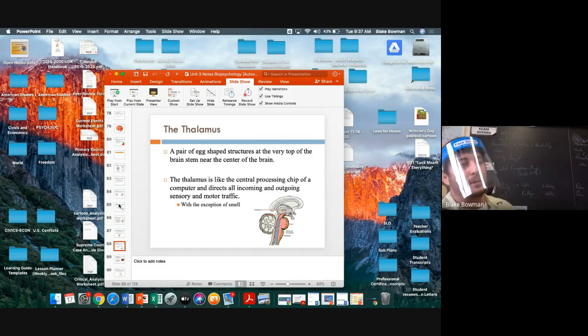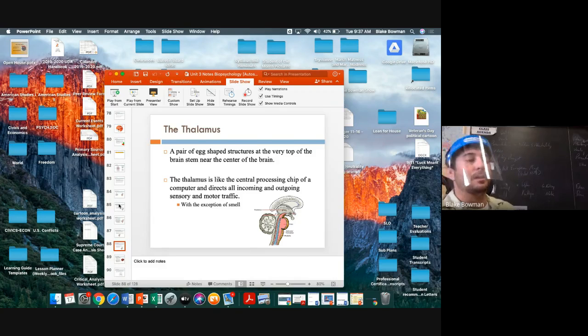Moving on now. Thalamus. Last thing we went over. What is the thalamus? What does that do? Willy Wonka, you got a good lift in last period. Oh yeah. Okay. Good stuff. It can be compared to the central processing chip of the computer, and it directs all incoming and outgoing sensory and motor traffic except for smell.